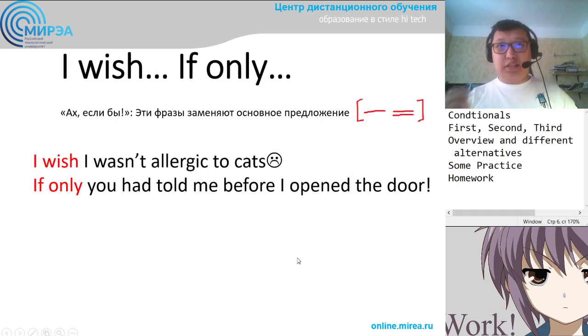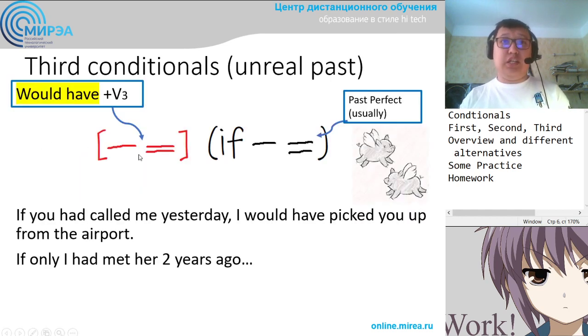Now, talking in detail about I wish and if only, these expressions, they substitute the main part here in red. So you can use the if parts of normal conditionals. Imagine that this is just part of the sentence, as here, and use the corresponding if parts.